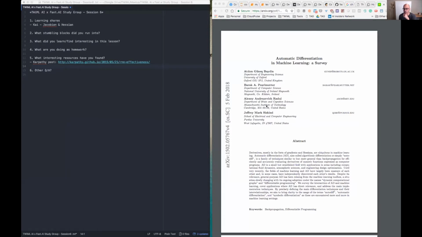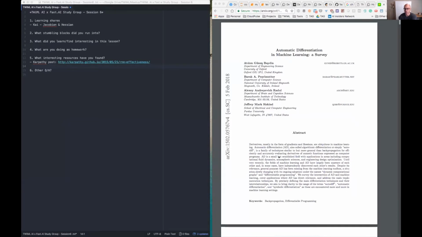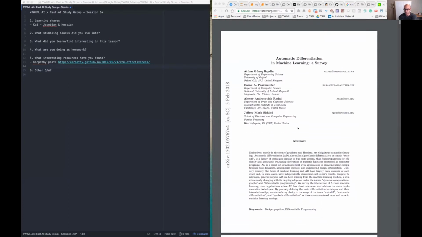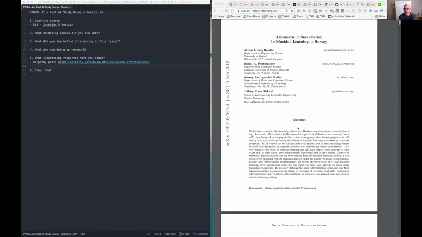Just surveying, looking for possible explanations of this, I came across this paper, which looks interesting. At the risk of introducing a totally different term, so not numerical differentiation or symbolic differentiation, this paper is looking at what they call automatic differentiation, which is distinct from those two.